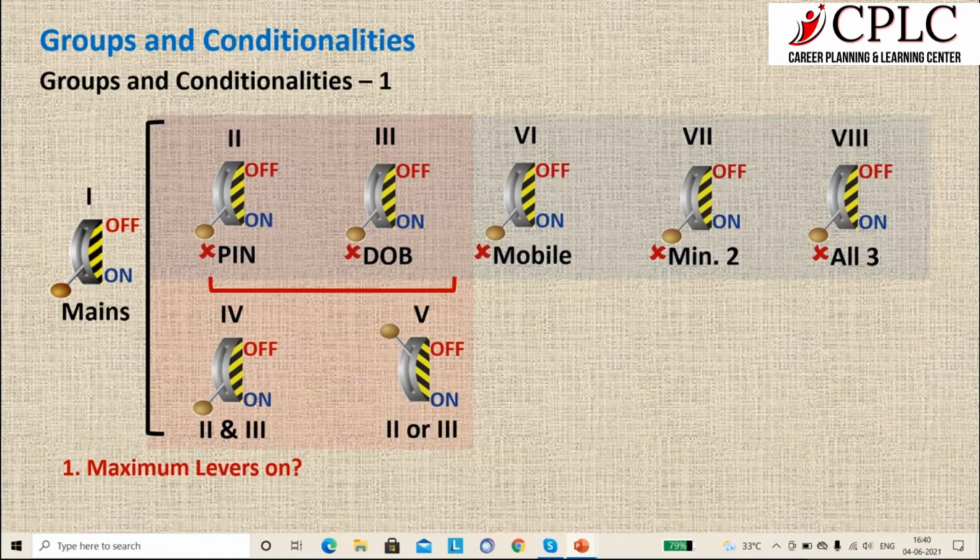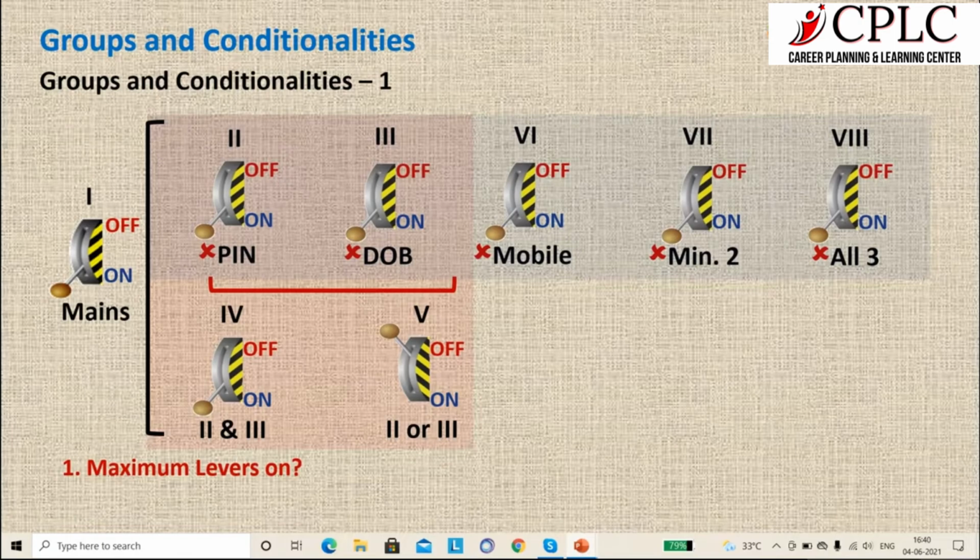If the second, third, and sixth levers are on, that means all the three parameters are satisfied. Hence, lever 7 has to be on, because for lever 7 the condition is that any two parameters must be satisfied.